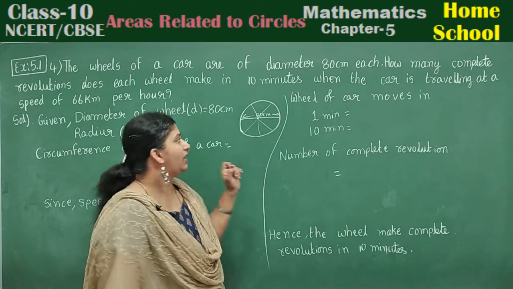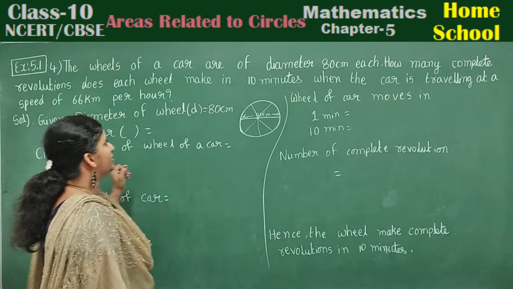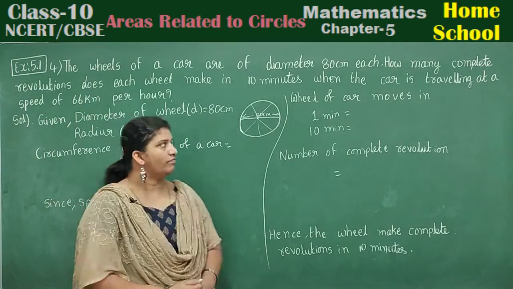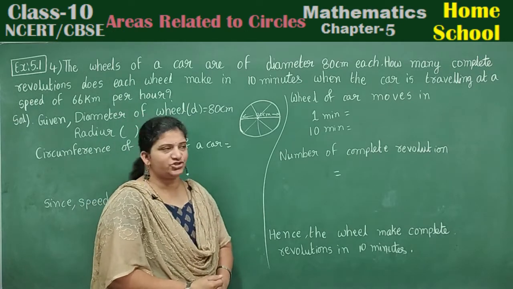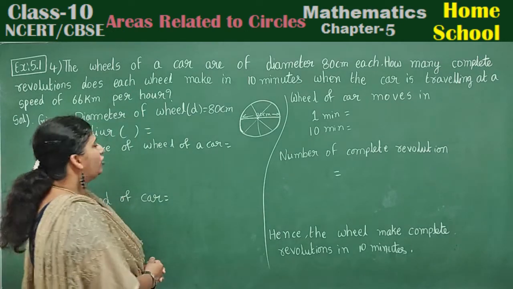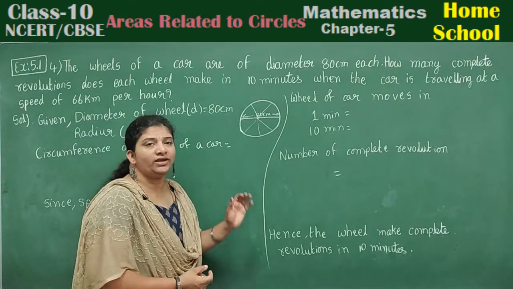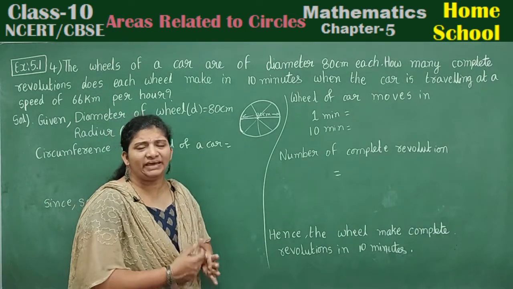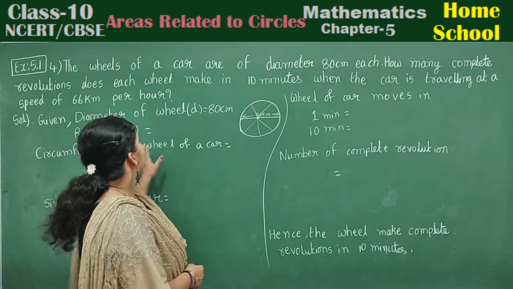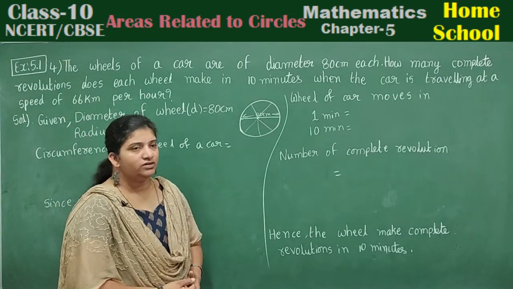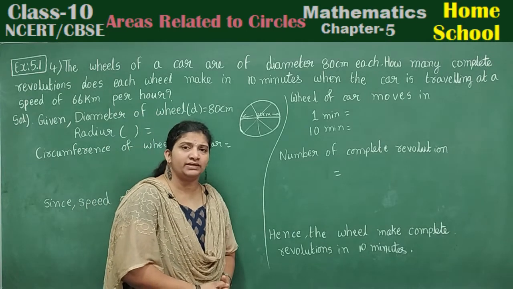How many complete revolutions does each wheel make in 10 minutes when the car is traveling at a speed of 66 kilometers per hour? We need to calculate how many rotations the car wheel makes in 10 minutes. So how can we calculate this one?